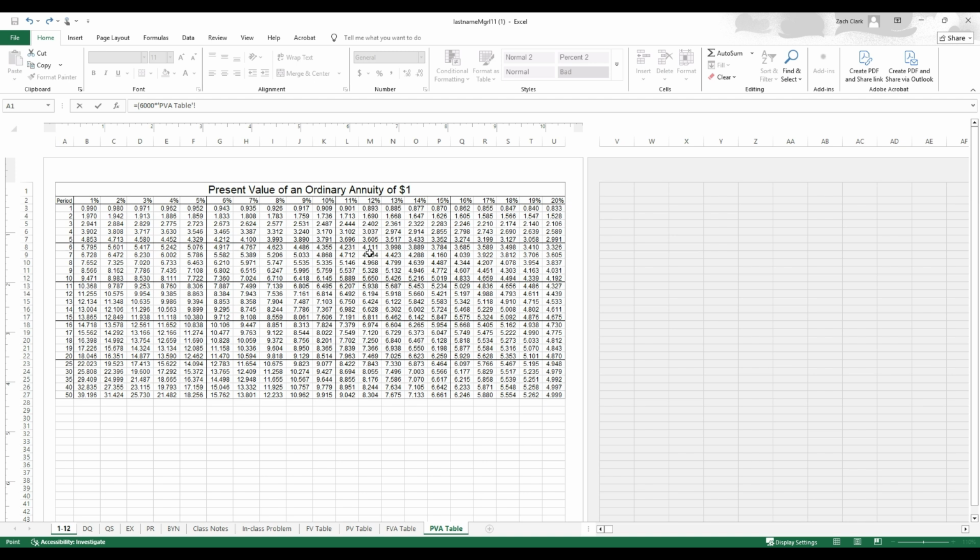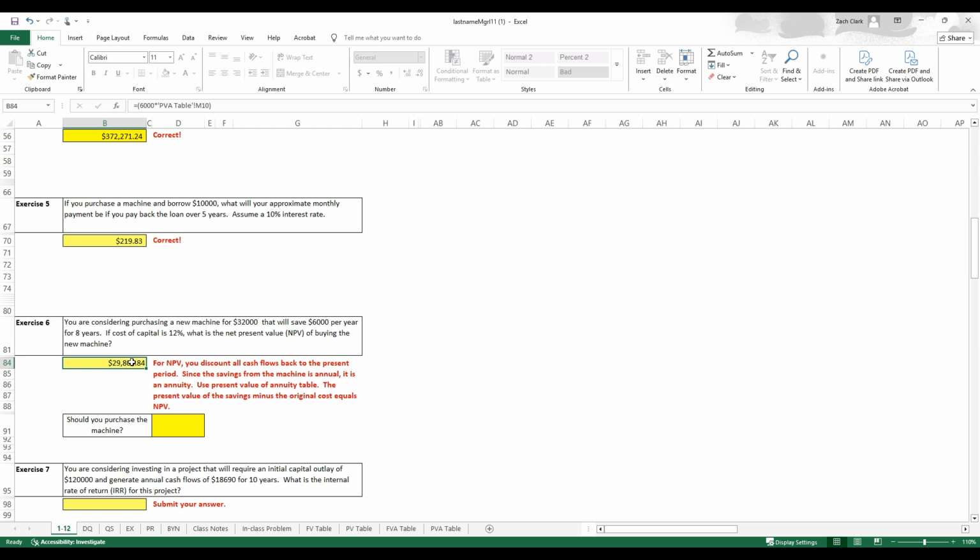Okay, 8 years, 12%. Here's that. Okay, so if I hit enter right now, that will give me 29,805.84. So essentially what we're saying is if we discount those $6,000 payments for the next 8 years back, that is essentially what the present value of those future payments would be today.